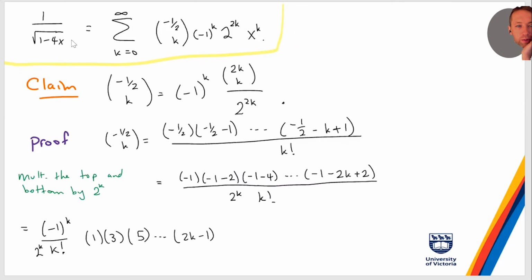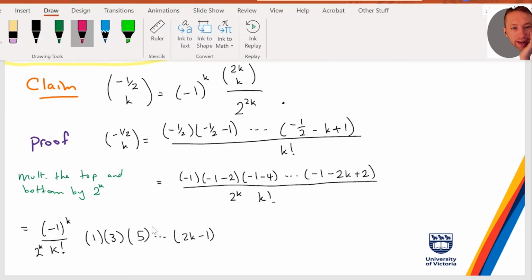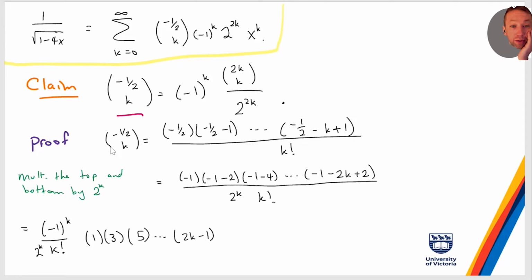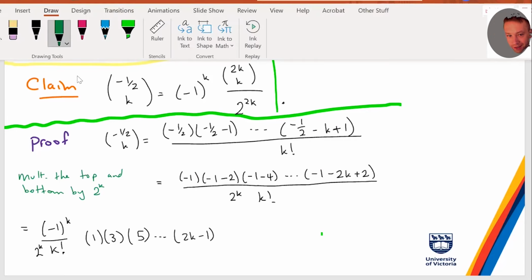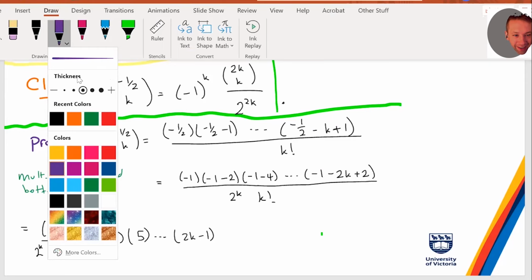With regards to the question of what negative a half choose k is, I claim that it's equal to negative 1 to the k, 2k choose k, over 2 to the 2k. Above this line is the claim, and below the line is the proof. The proof is basically just to use the formula and manipulate it.